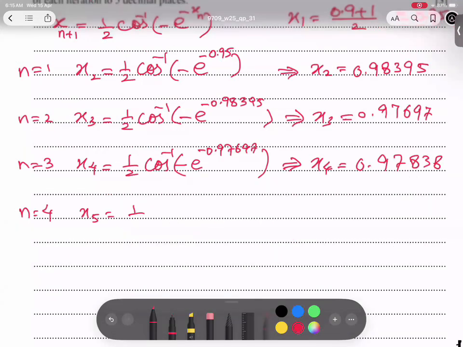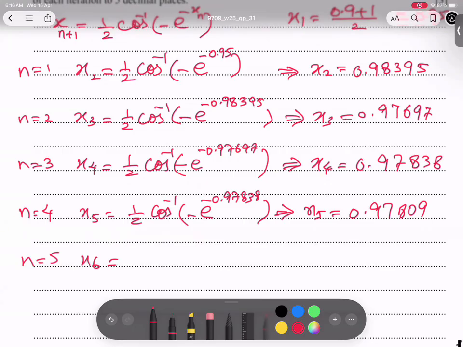X5 is 1 over 2 negative e to power negative 0.97838. And if I type this now, 0.97838, the answer turns out to be 0.97809. Now see, 3 digits are starting to match. Just for confirmation, I'll do one last step and then close the question.